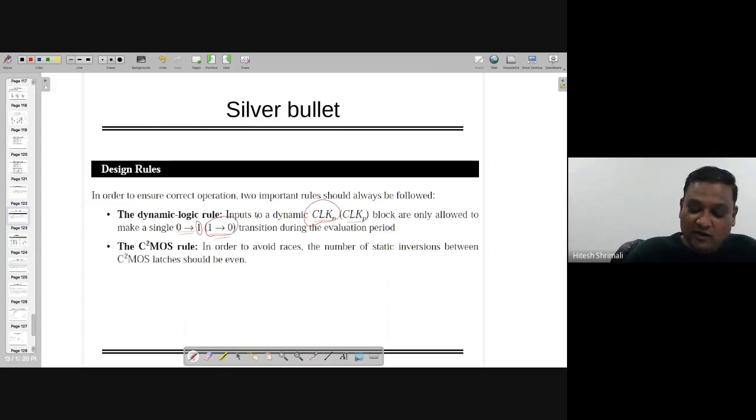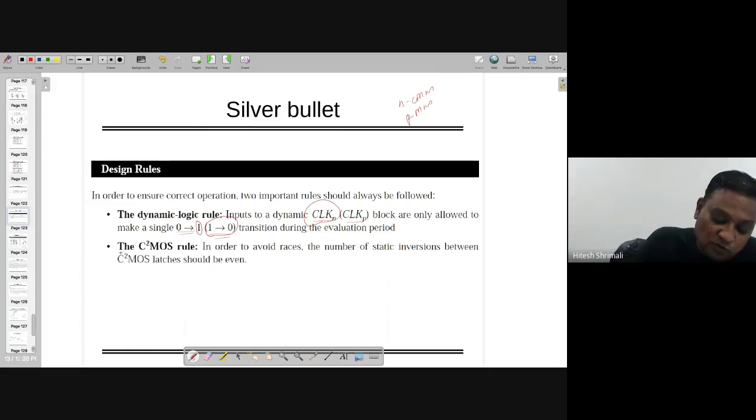So it's all about how you are using clock N and clock P. This is also true for NCMOS and PCMOS logic, whether you use PDN or PUN. Accordingly, you can find out the new combinational logic diagram, and then you can give the input accordingly.